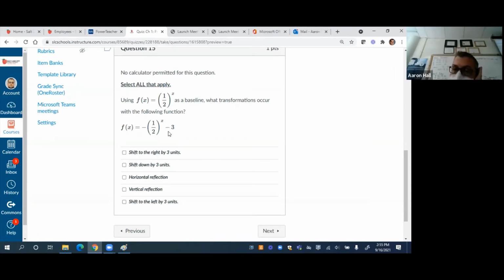It's a vertical shift down by 3 units. And then this negative here, is that to the function or in the function? To is vertical or horizontal? Vertical. So that's a vertical reflection. Yep. Questions about the transformations?